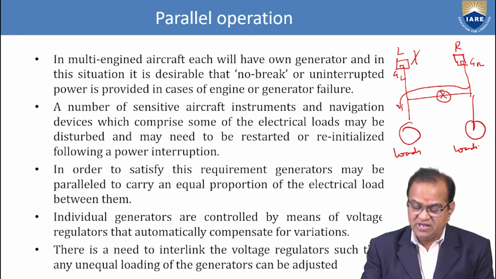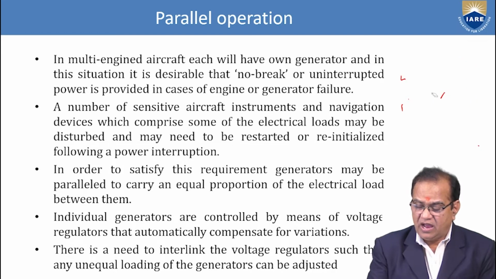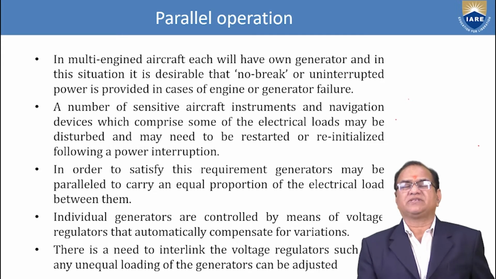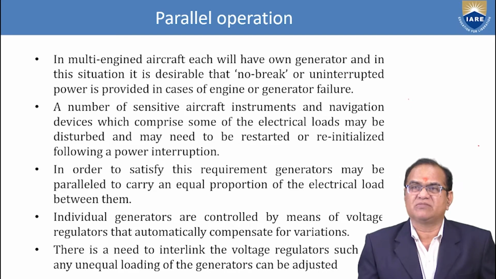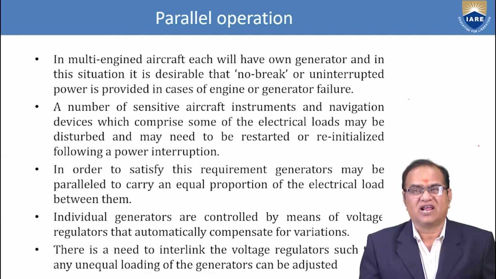So why do we need that power interruption should not happen? You know that aircraft have a lot of avionics equipment: navigation, communication, your display system, your electrical lighting, your generators, and all the things. These all work with the help of electrical power.